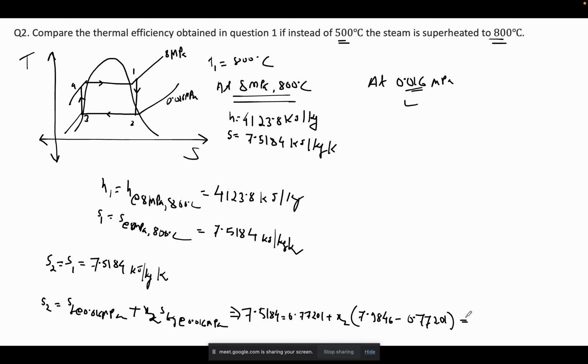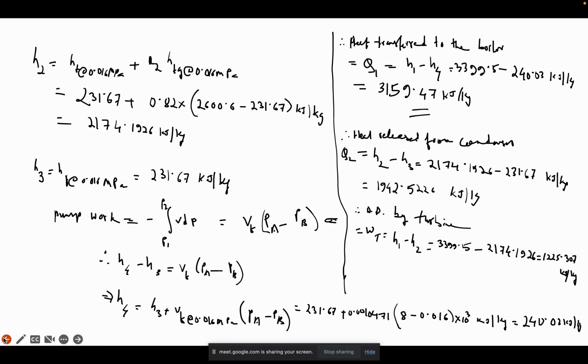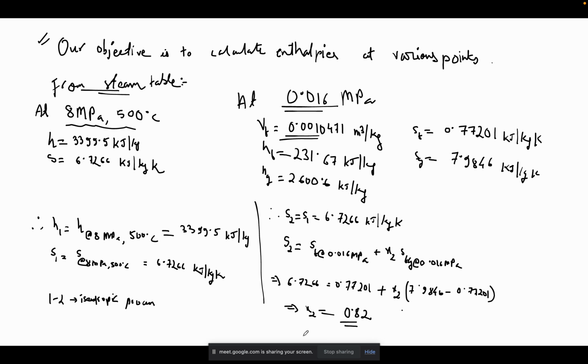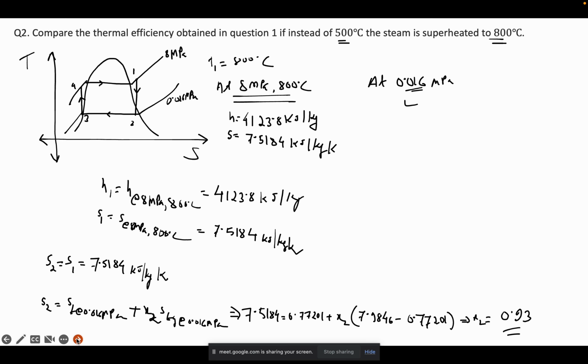From here I got X2 equal to 7.5184 minus 0.77201 divided by 7.9846 minus 0.77201, which is 0.93. If you remember the previous case, we got X2 as 0.82 and now we got X2 as 0.93.